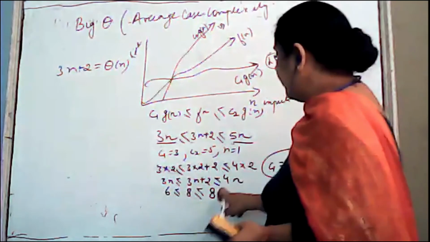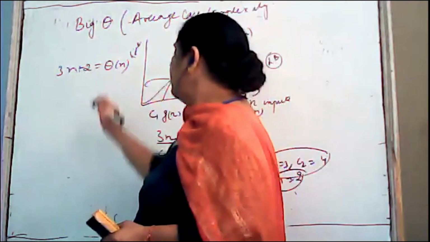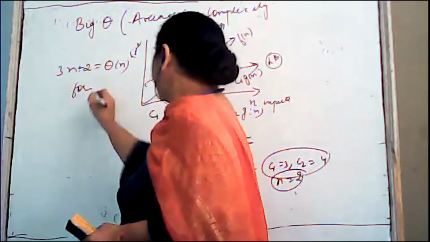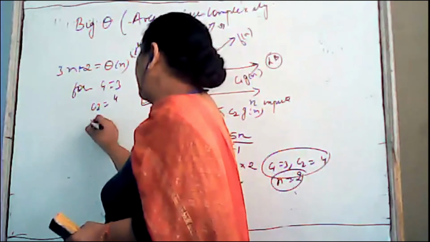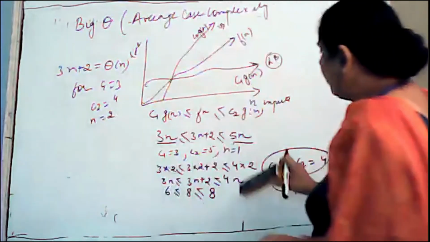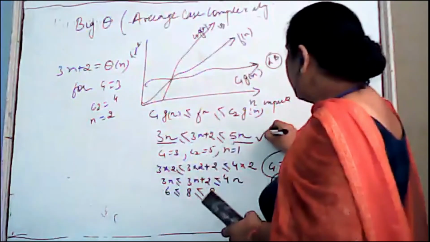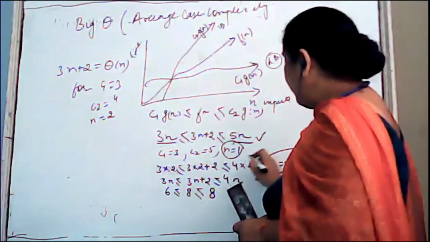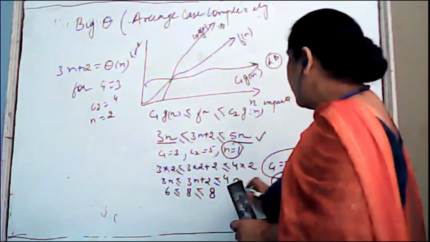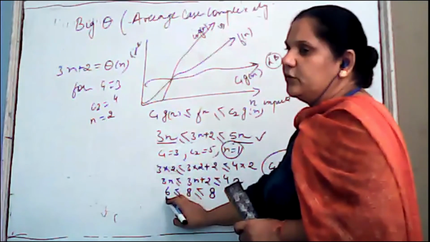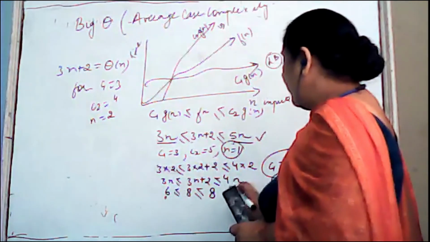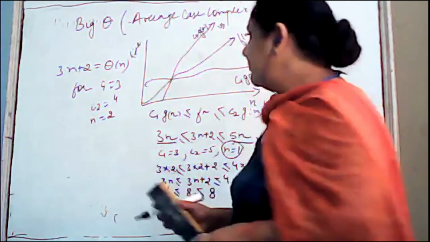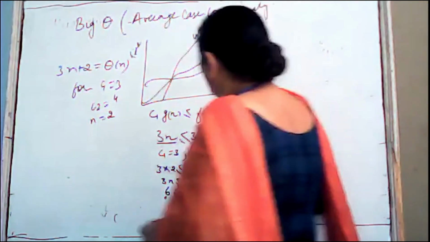So the average case complexity will hold, that is 3n plus 2 is theta of n for C1 equal to 3, C2 equal to 4 and n equal to 2. First of all, you have to find the constant values, then you substitute the values of n to find the relation. This could be your answer, but it is for n equal to 1. But when we bring it in terms of the closest bound, then C1 would be 3 and C2 would be 4 and your n would be 2. So we can have more examples of this.